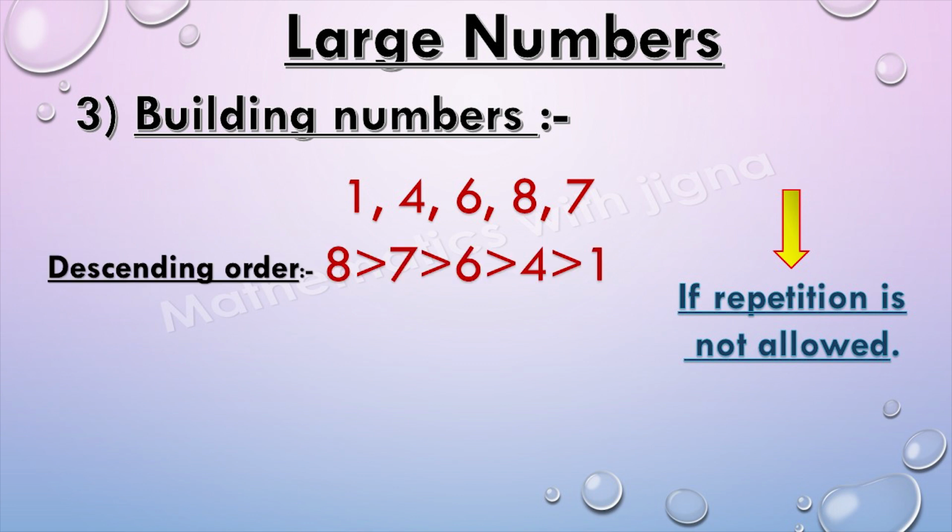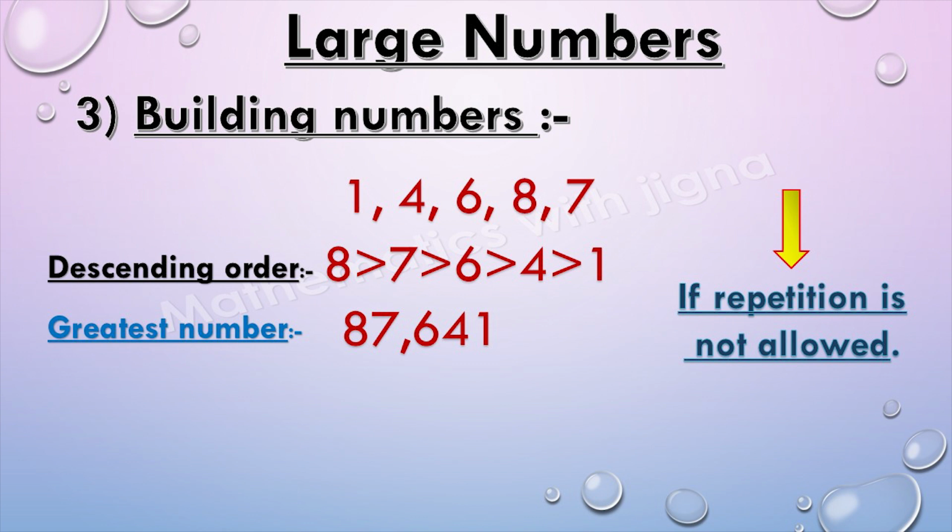So first we have to arrange the given digits in descending order for finding the greatest number. So the descending order of these digits is 8, 7, 6, 4, 1. So the greatest 5-digit number is 87,641.